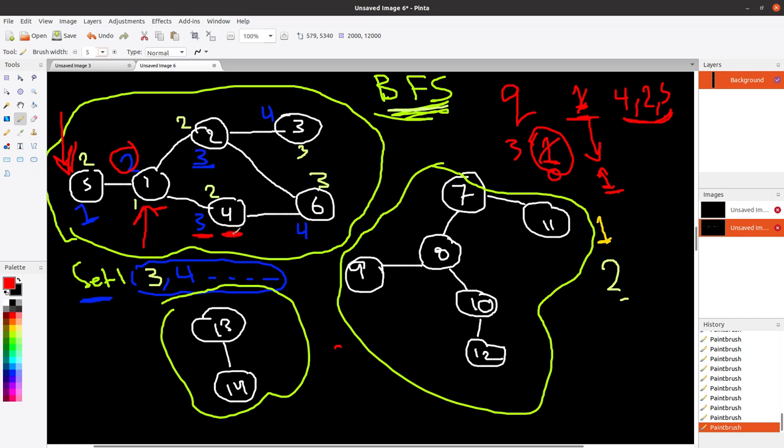Now we need to check all its neighbors that were assigned a value to see if the conditions are met. So here 4 minus 3 equals 1, which is good. 3 minus 2 equals 1, which is good. And we are doing this to check for the minus 1 condition if there is a loop.